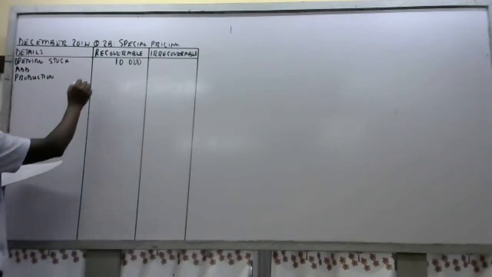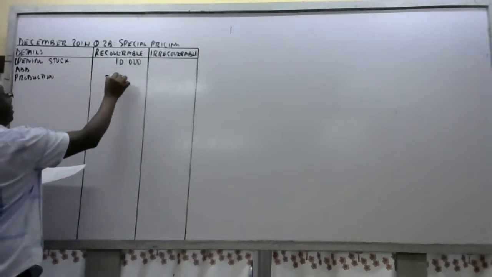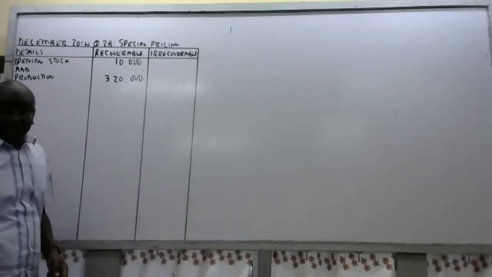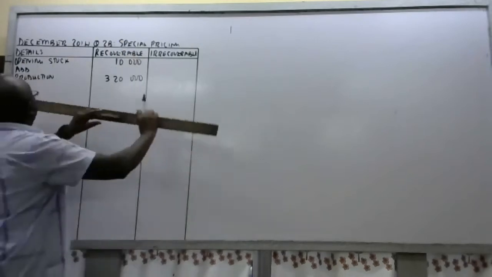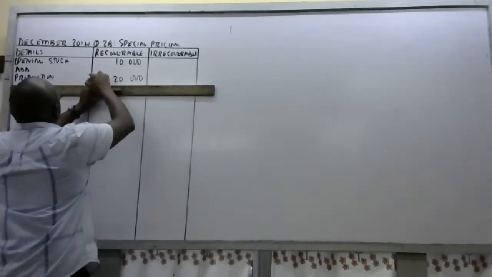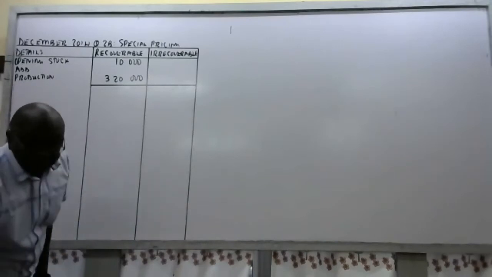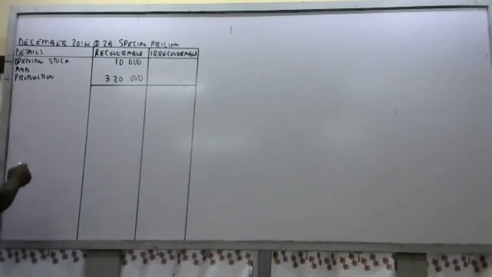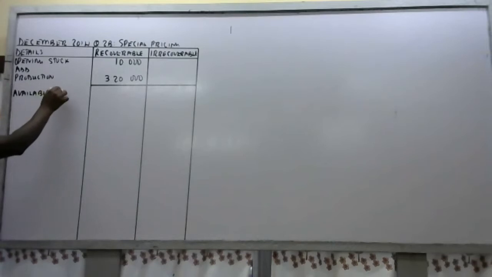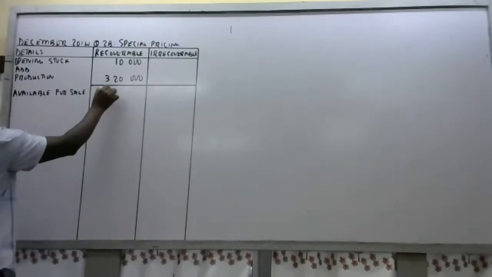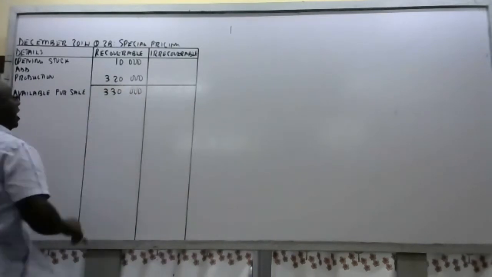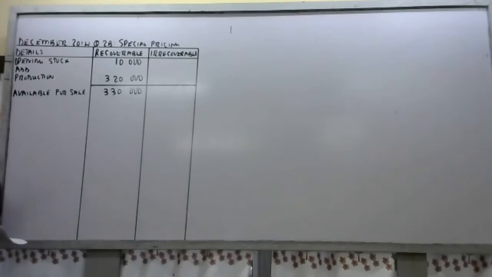According to information 1, production is 320,000. When you add production, you get what we call available for sale, which is 330,000.